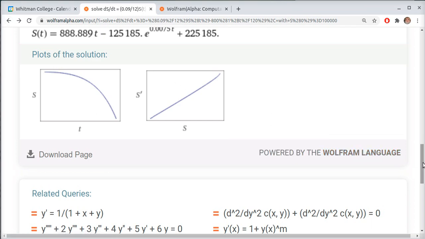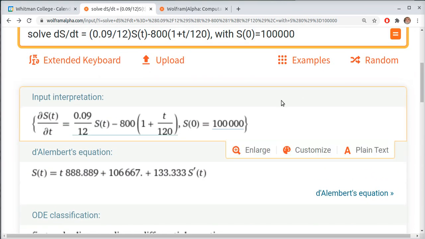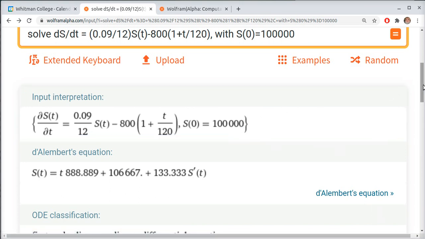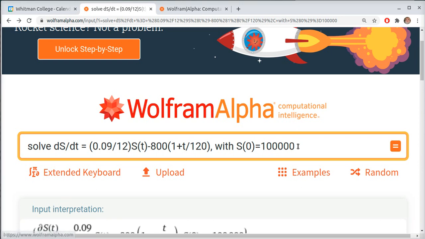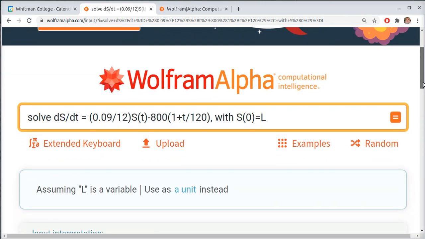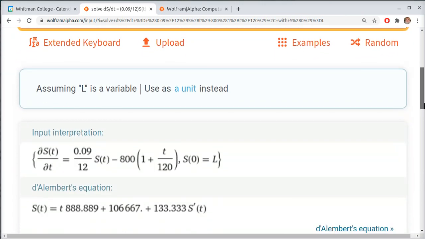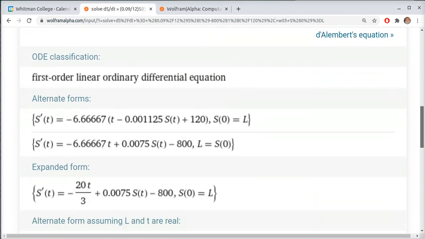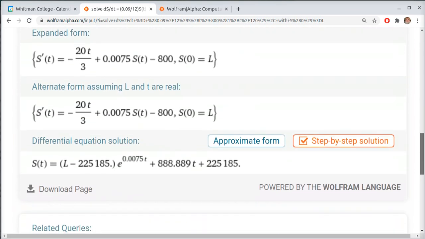So going back to Wolfram Alpha again, let's say that instead of 100,000, I just put L. Okay, and then we try working out the same. Assuming L is a variable, very good. So where's my solution now? There's the solution.